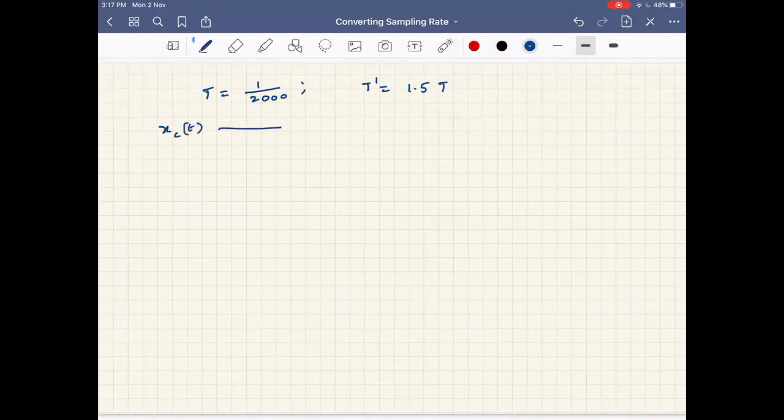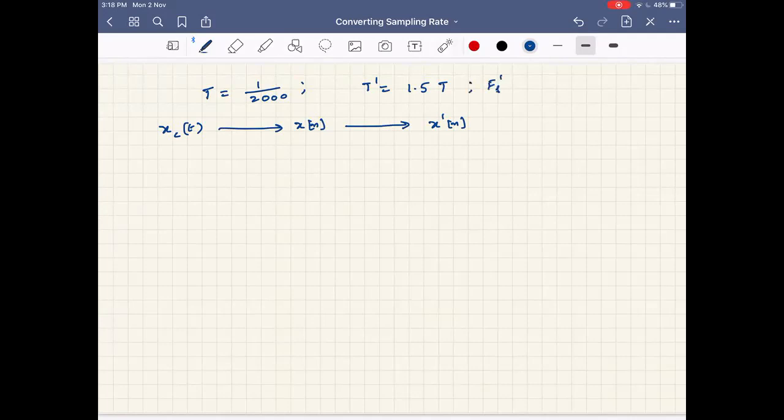I may apply this and get x of n, but now using this T dash, I would like to get x dash of n, another discrete time signal. This discrete time signal has the time period T dash, or the sampling frequency Fs dash.